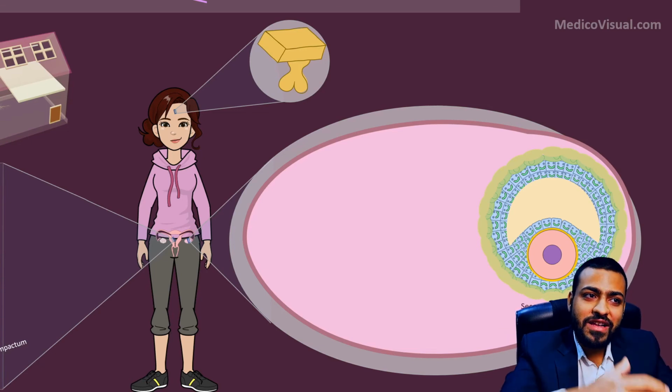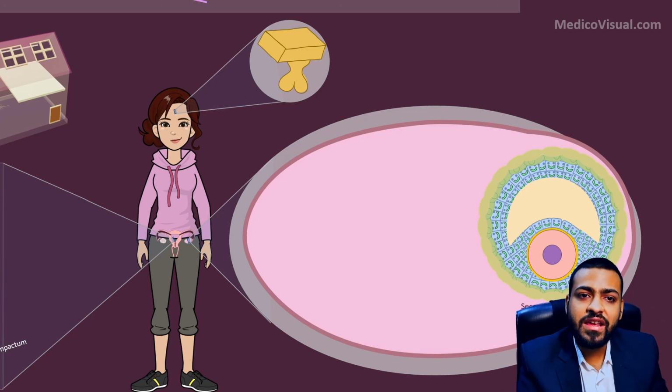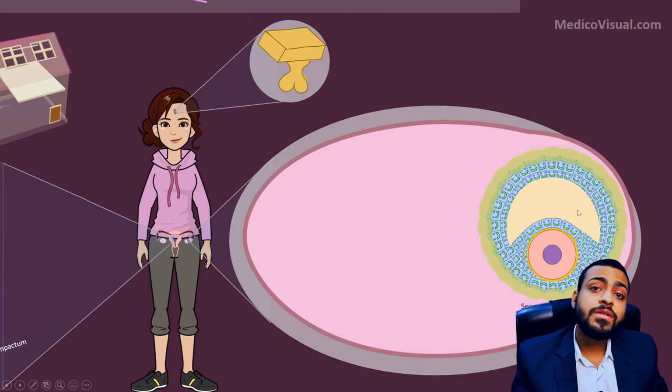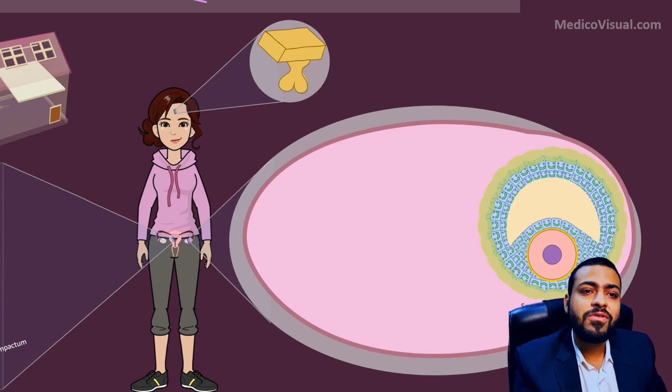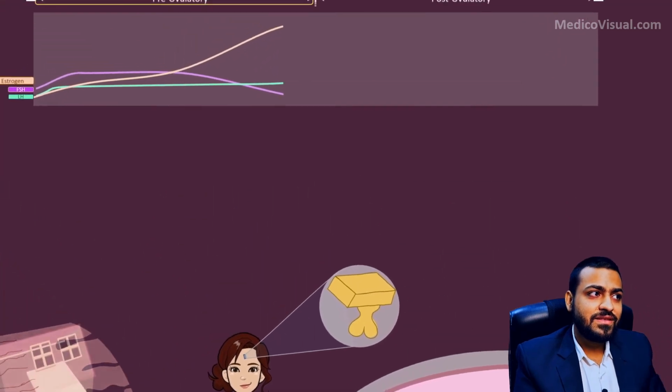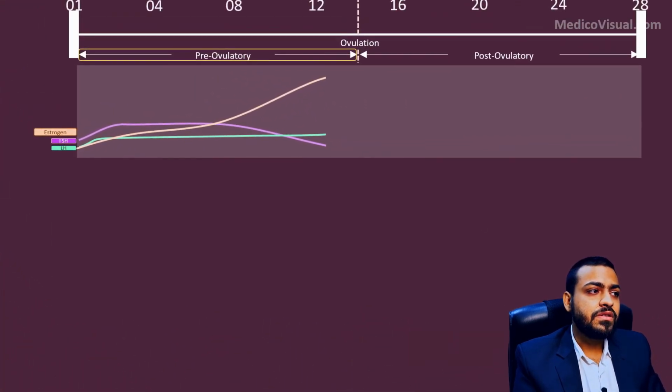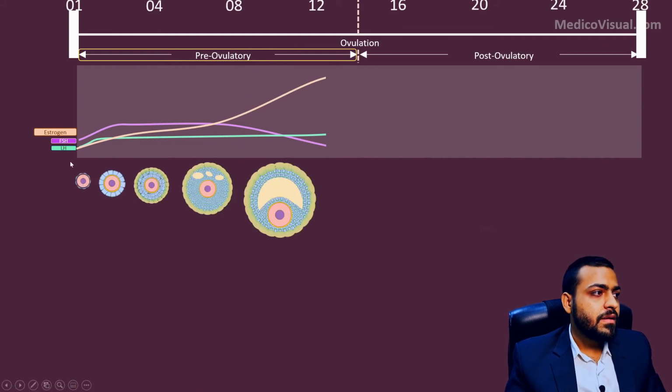And as it pulls that support and FSH level starts declining, only the single child which has now become financially independent of FSH is able to survive, and all other poor children die out, right? So that's what is happening in this pre-ovulatory phase.